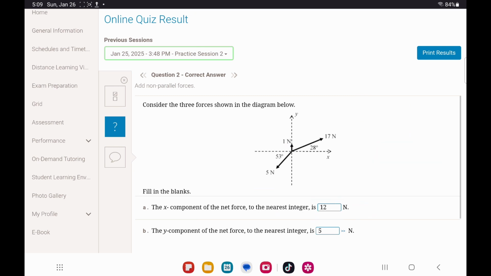Now for the y component, we know the y component is sine, and sine is vertical. Let's remember that because we have to do an extra step in this question. So the y component means it's 17 sine 28.